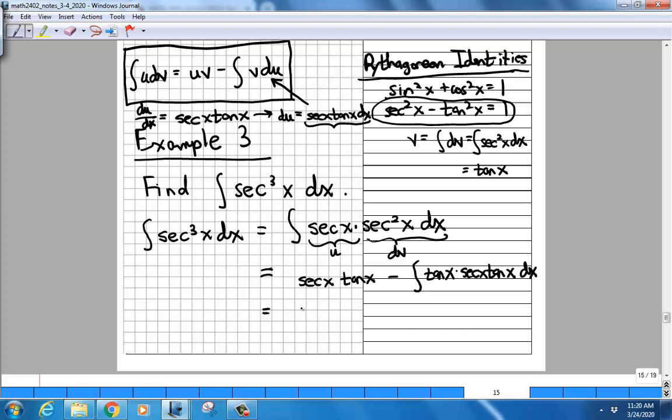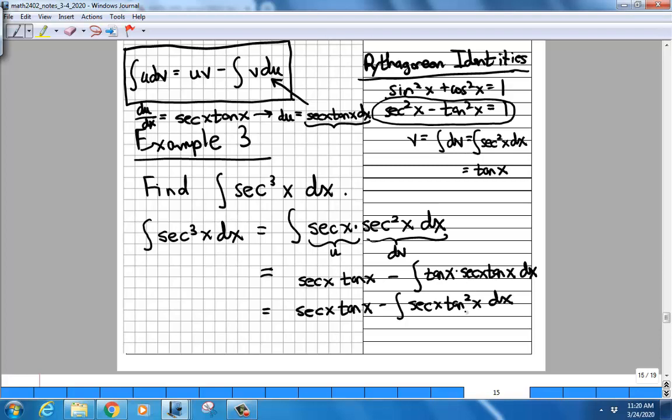Now, normally at this point, you might have thought I've made a bad choice for u and dv, because this looks like a really bad integral, right? This is secant of x times tangent squared of x.